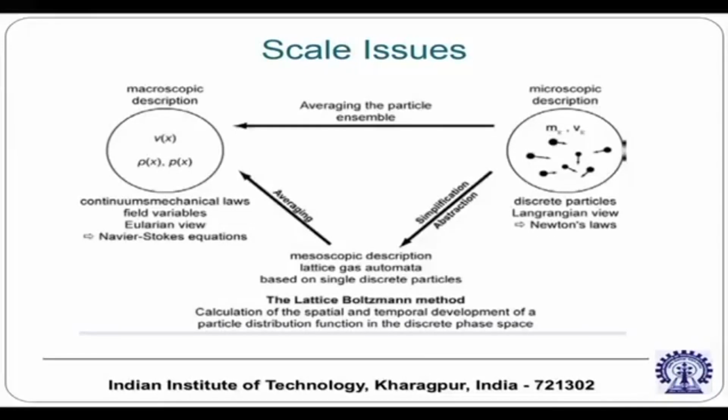So if you have a description of a system, you can have a microscopic description. A microscopic description essentially means you have discrete particles which you can analyze in a Lagrangian viewpoint. That is what is commonly used in molecular dynamics.